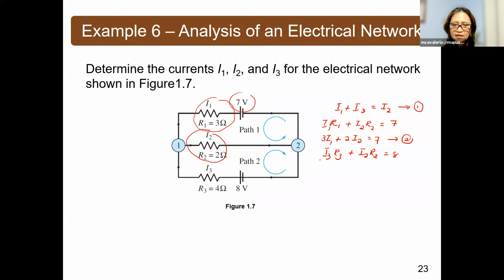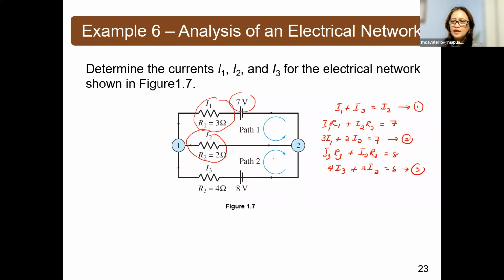And since R3 is 4, we will have 4I3 as well as 2I2 equivalent to 8. Let this be our equation 3.